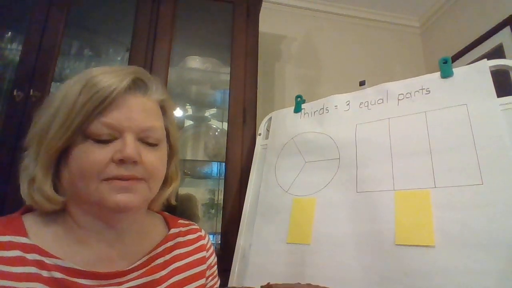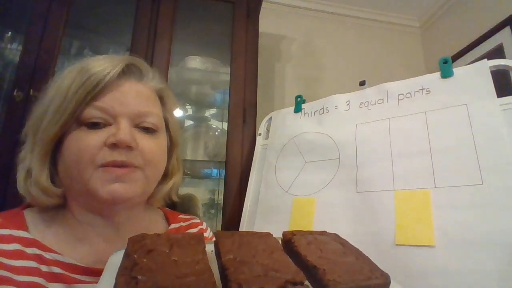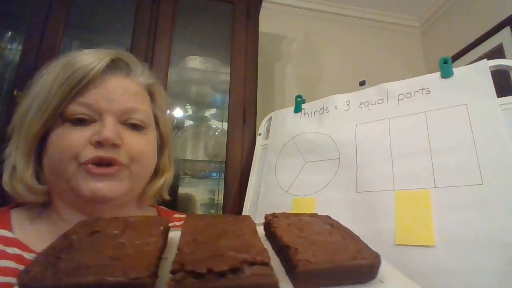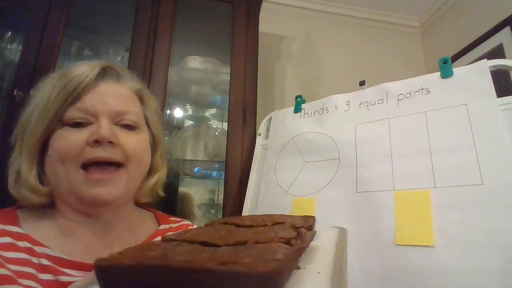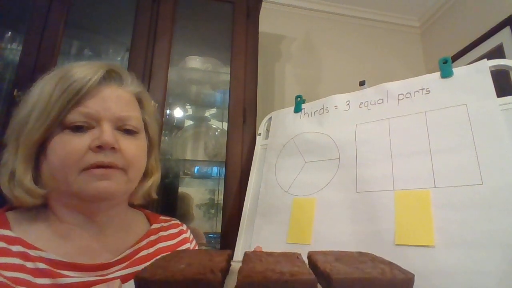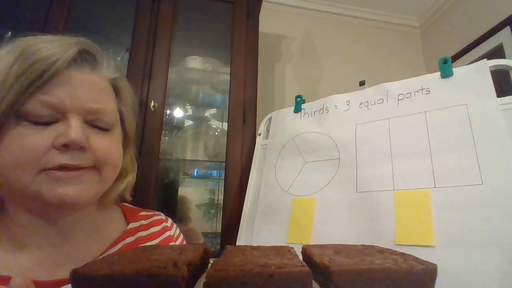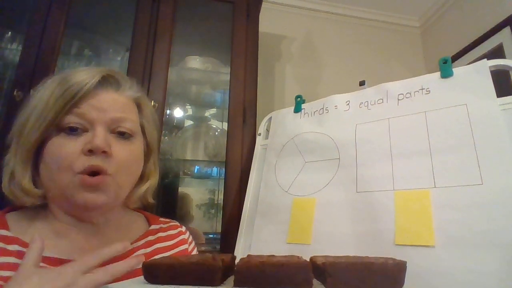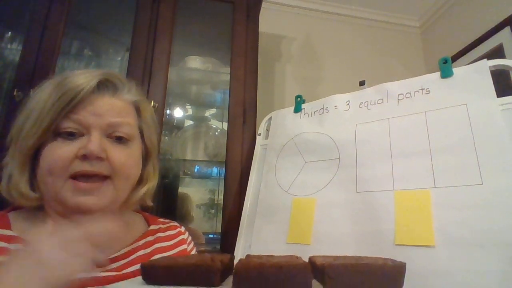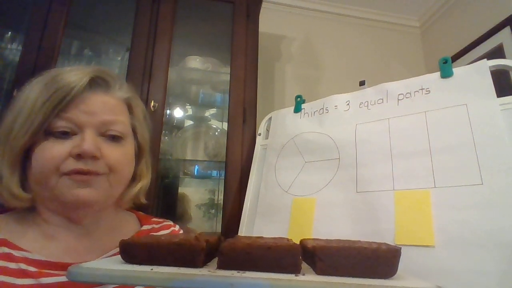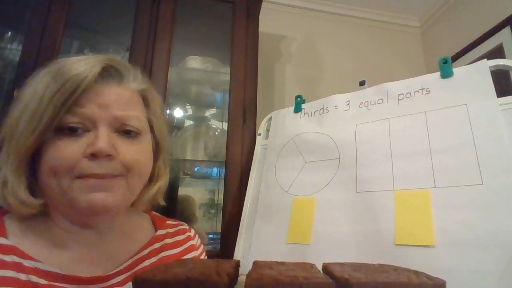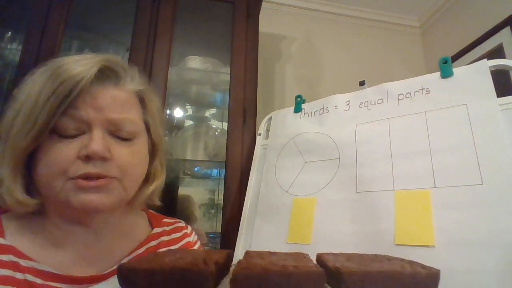Boys and girls, Mrs. Hodge has been baking this afternoon, and I have been baking some brownies. Now, I want some for myself, and I've invited 2 friends over. So I cannot put them into 2 equal parts.